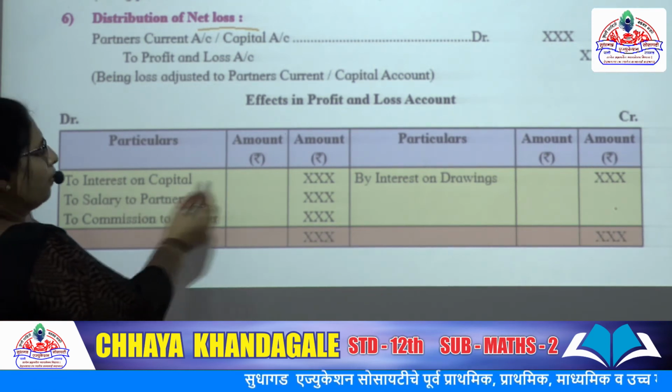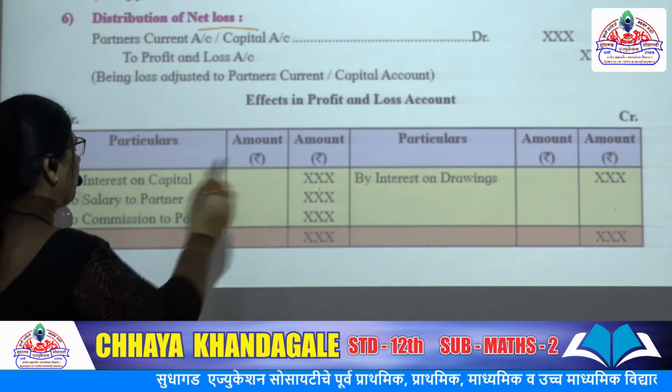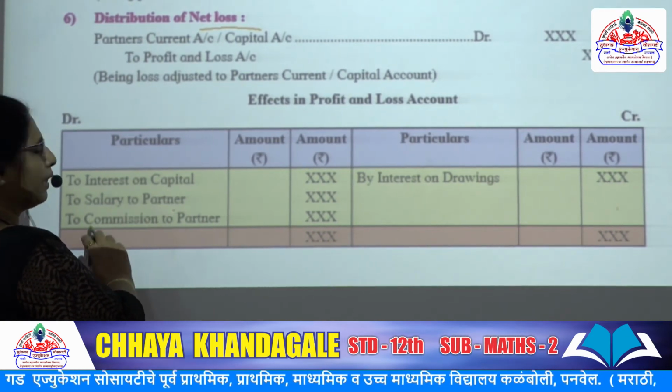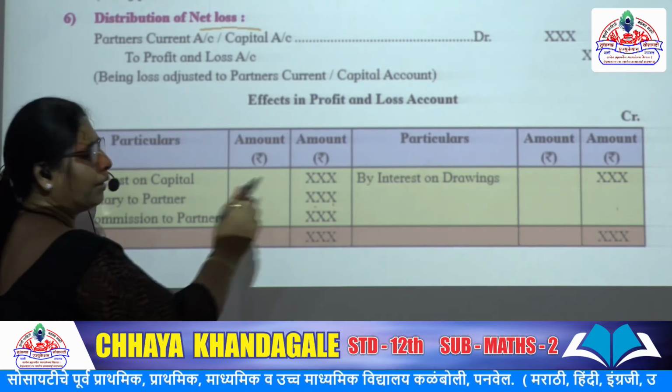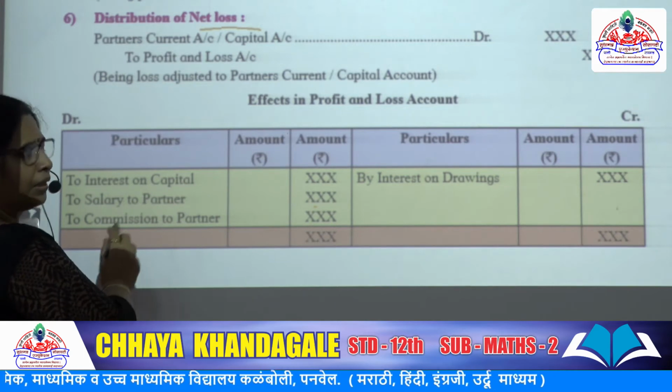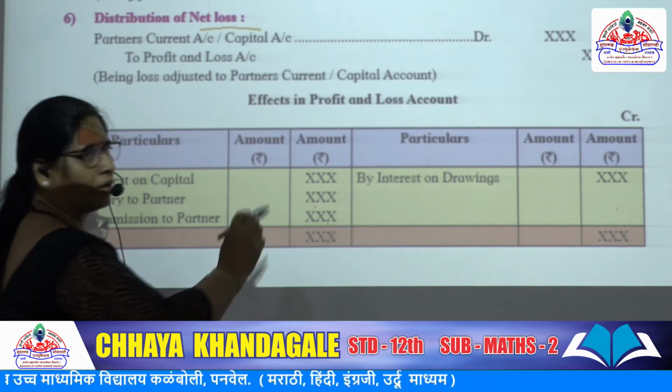So whatever interest amount has come, if a particular partner is getting a salary, that amount will be written on the debit side of the profit and loss account. Commission will be written on the profit and loss account.